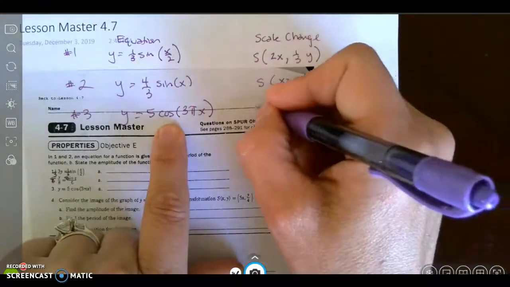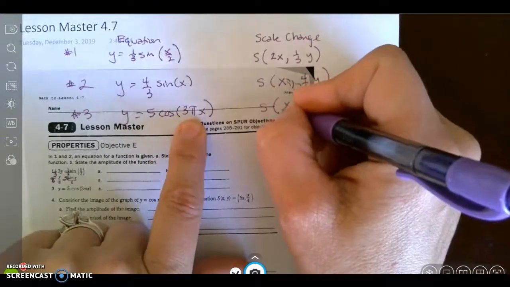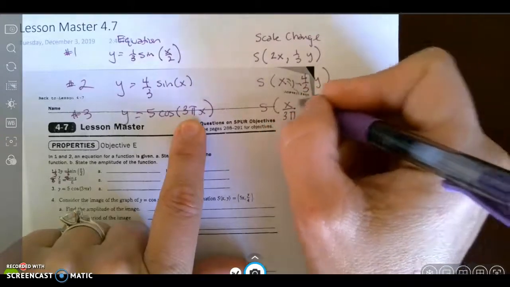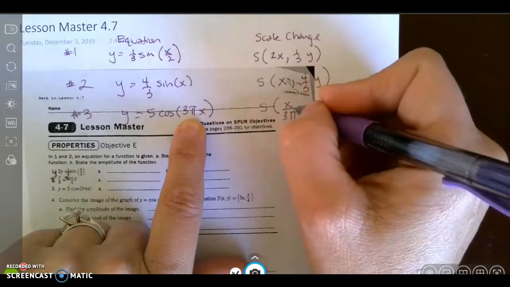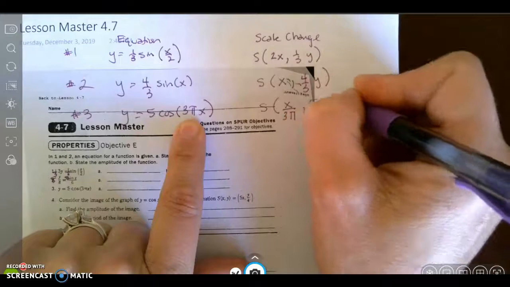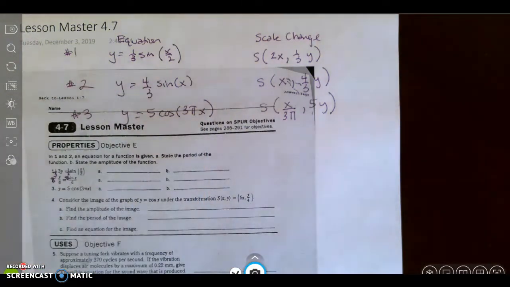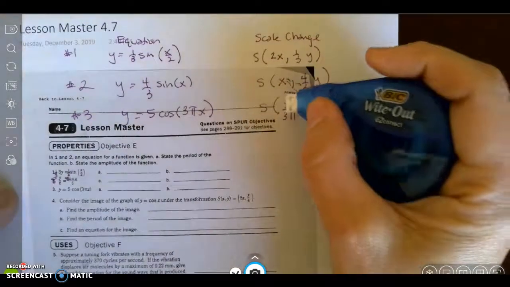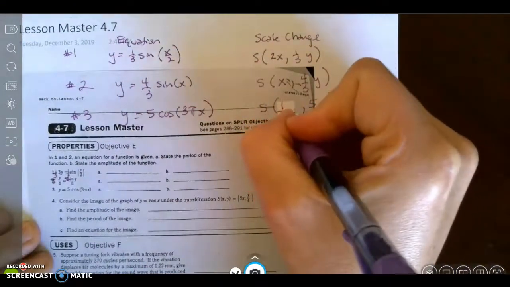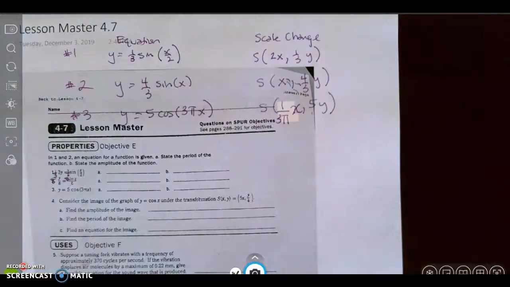Number 3, x is multiplied by 3 pi, so it's going to be divided by 3 pi. Or you can think of it as 1 over 3 pi times x, and 5 times y. So it might be easier to think of it as 1 over 3 pi times x. Like that, maybe write it that way.